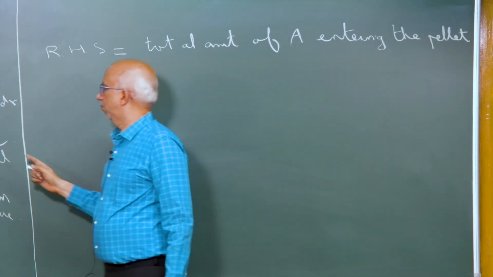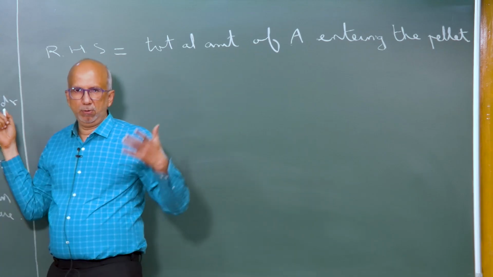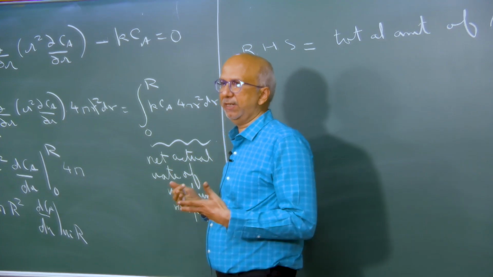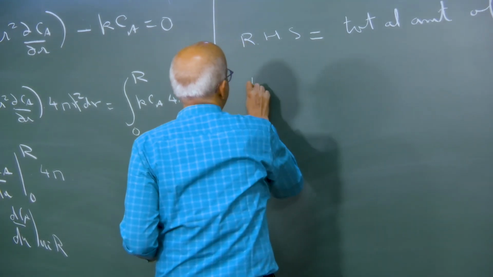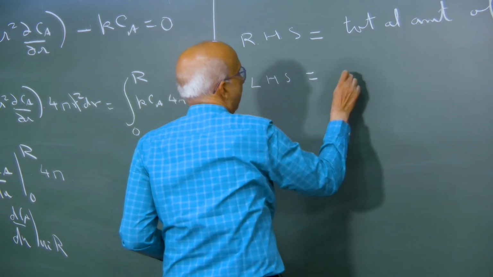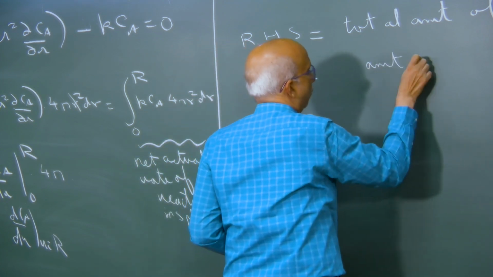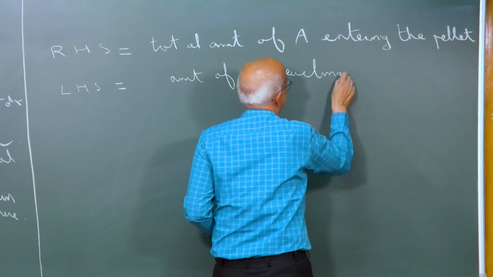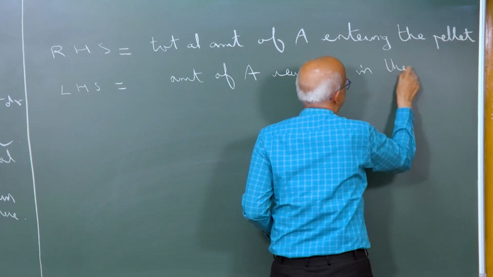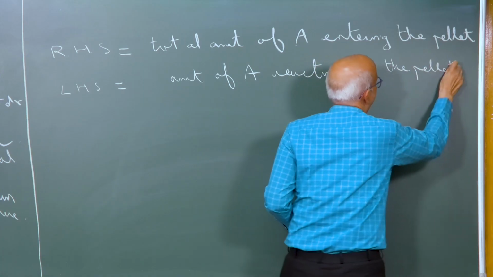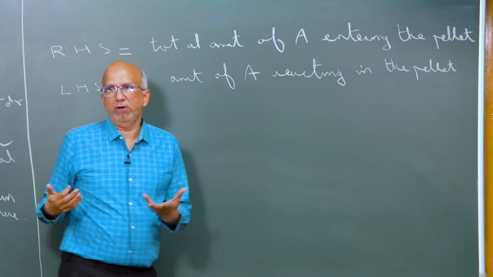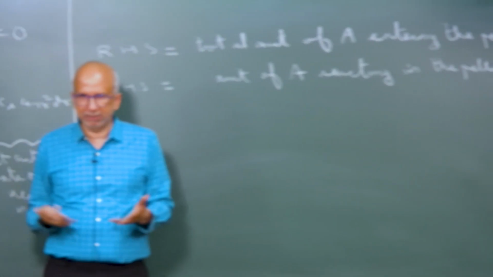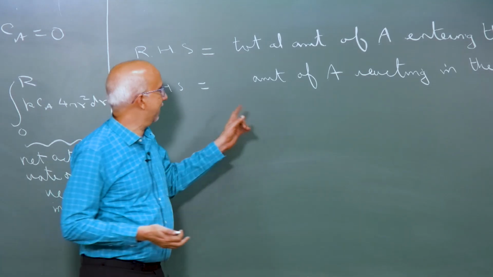And so what this basically means is the total amount of A entering the pellet must be equal to the amount of A which is reacting in the pellet, and the right hand side is the amount of A reacting in the pellet. So at steady state these two have to be equal because there is no accumulation. Whatever is coming into the pellet has to react inside the pellet, okay, and that is what this is saying.